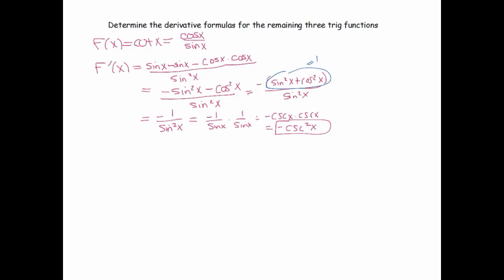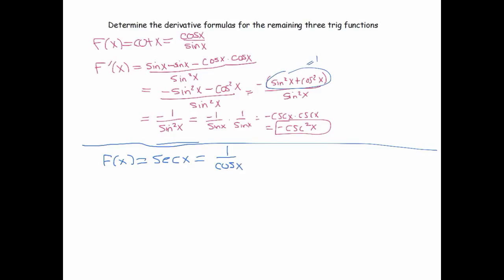Cotangent done. Now we'll want to do secant. So if f of x is equal to secant, it makes sense to write that as 1 over cosine, and then use the quotient rule. So this time the quotient rule is going to work out a little nicer, I think. The bottom's going to be cosine squared.